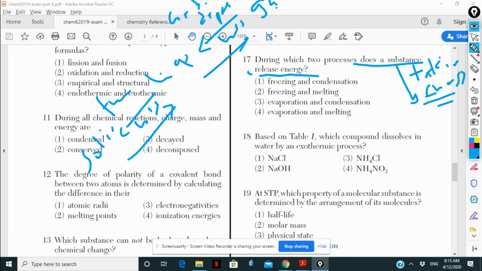In that case, I don't release energy. But when I do freezing, deposition, or condensation, I'm taking the energy from the substance. So that's how it's releasing. Freezing and condensation is going to be the ideal one, because in melting and evaporation I'm adding energy. So the answer is number 1.